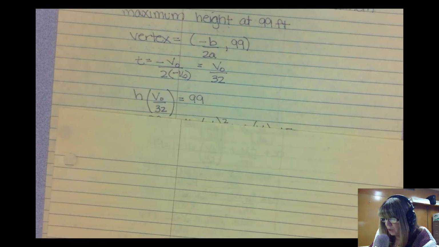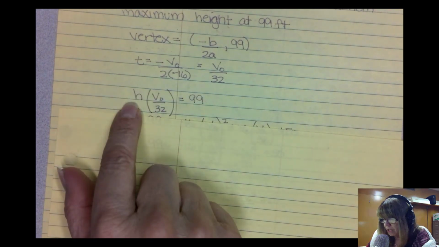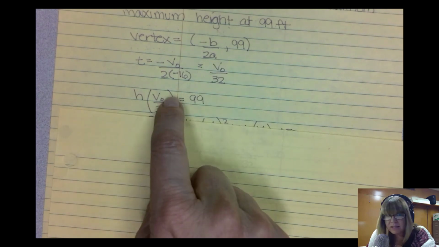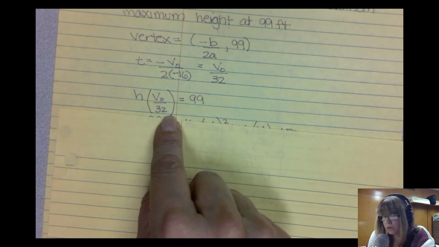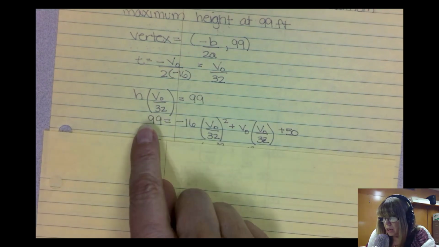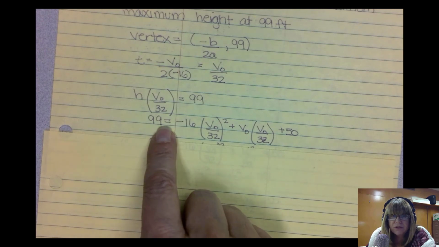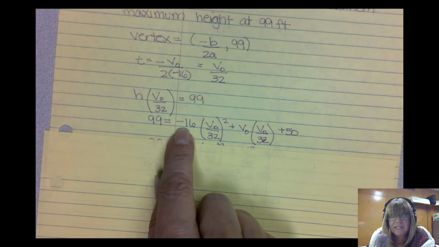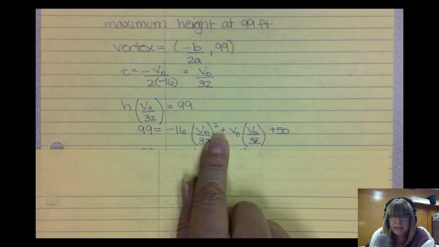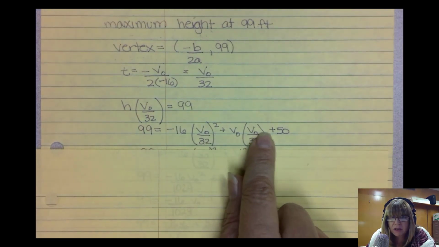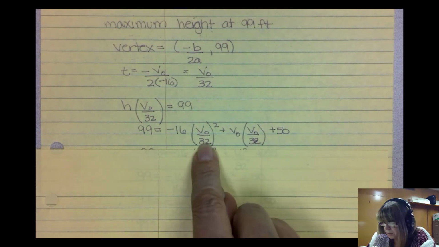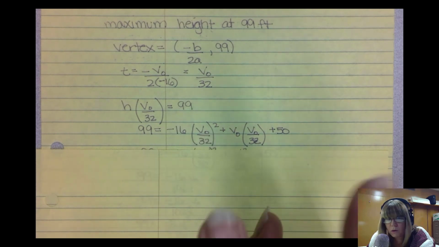So let's go ahead and throw in our function at our value of initial velocity over 32 equals 99. Okay, here we go. 99 equals, well, negative 16 times our initial velocity over 32 squared plus our initial velocity times our initial velocity over 32 plus 50. That's just plugging in for our quote-unquote t value.